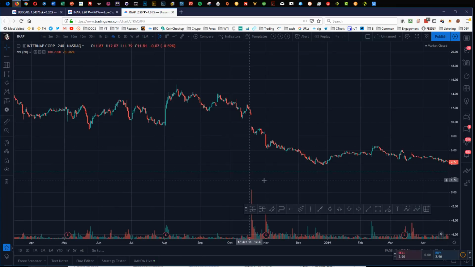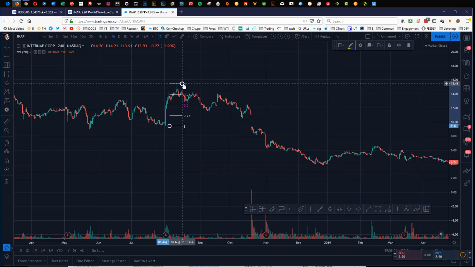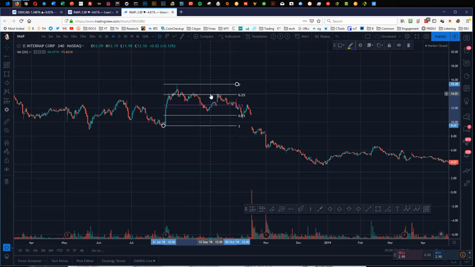When you see an impulse move, one of the best things you can do, when you have a high that's rejected like that, is that you can start charting. I'm using the Gann tool on this, and you're going to notice a pattern quite often on these impulse moves, is that the 50% mark, the 25% mark, and the 75% mark are reliable areas for the market to find support, and the market to then try to continue the move that this impulse move was flagging.